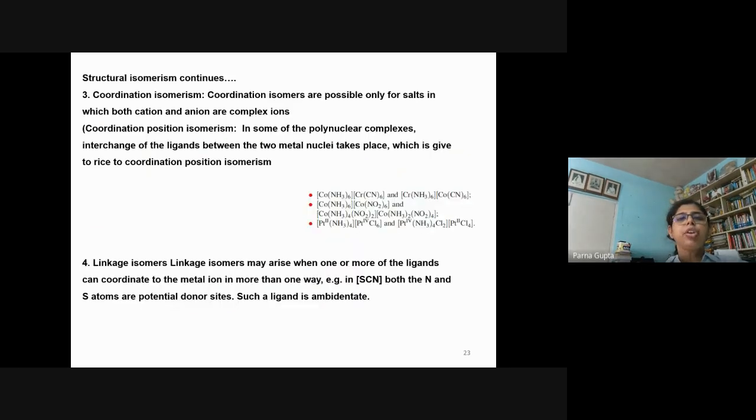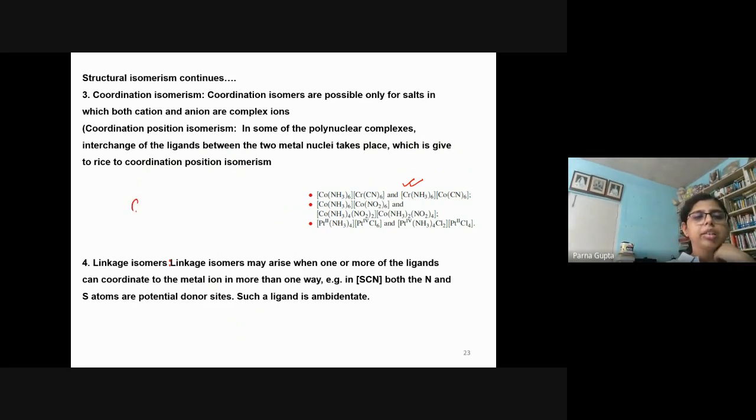Okay, now the structural isomer, the coordination isomer. This is one type of coordination isomer, with cobalt and the ligand exchange, I mean the change in the ligand. Then there is another type.